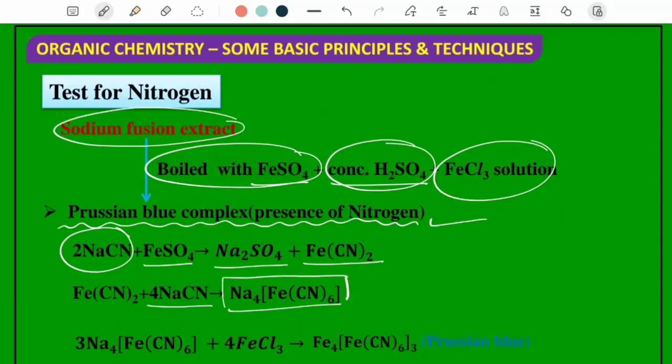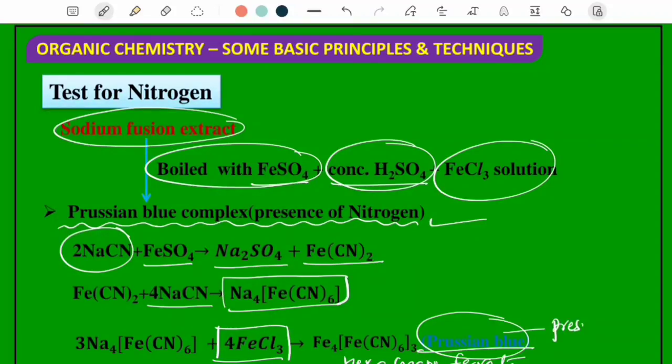The sodium hexacyanoferrate treated with ferric chloride forms ferric hexacyanoferrate, which is the Prussian blue complex. If the Prussian blue complex is formed, it confirms the presence of nitrogen.